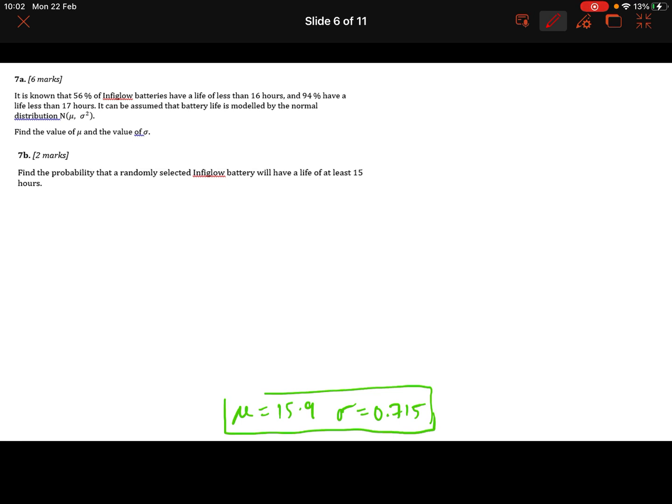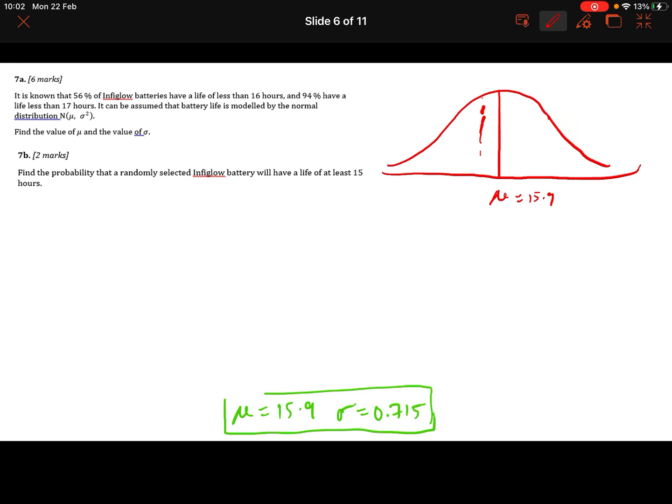It says, find the probability that a randomly selected Infoglow battery will have a life of at least 15 hours. So again, let's draw what we've got. We know it's a normal distribution. The mean is equal to 15.9, so we're over here somewhere. We want to know it has at least 15 hours, so that's going to be to the right.